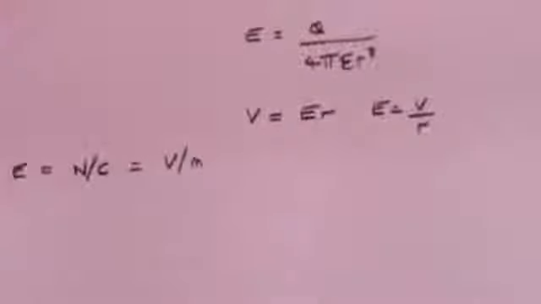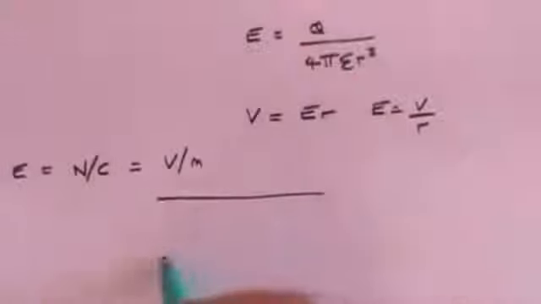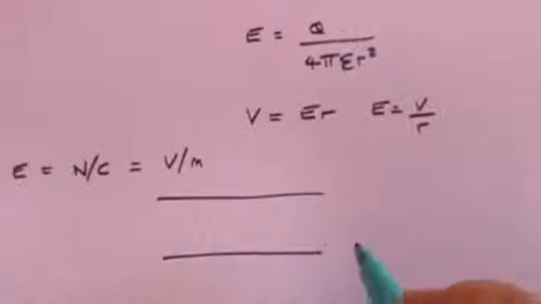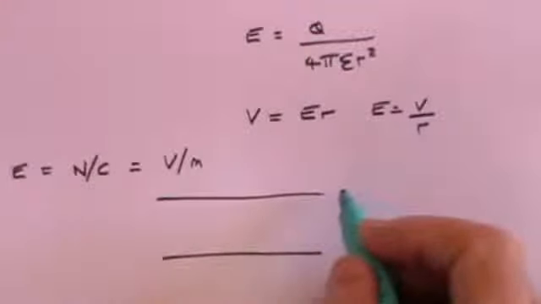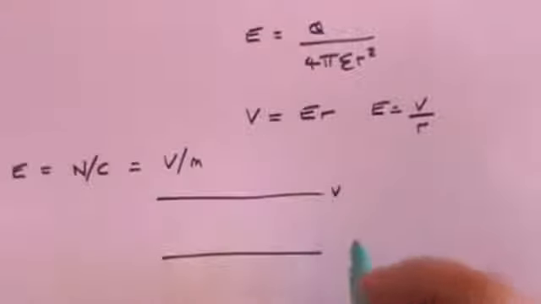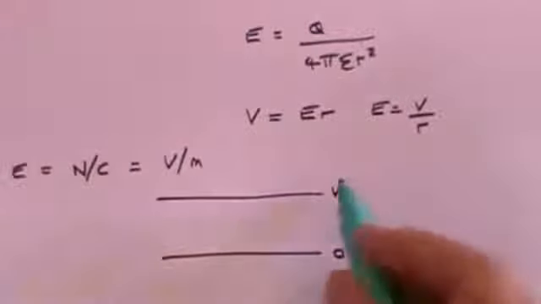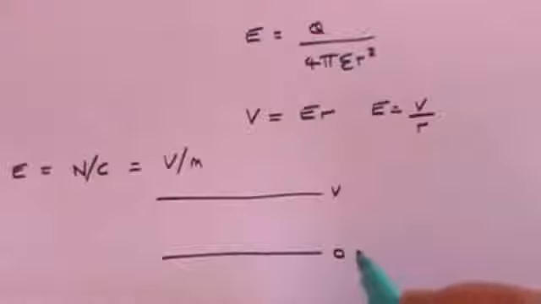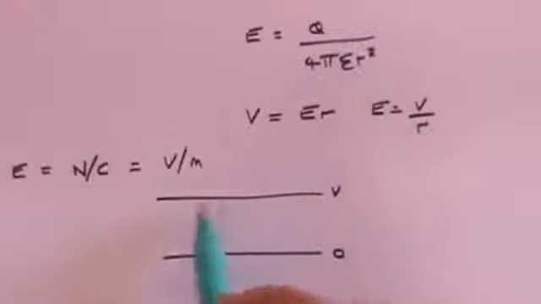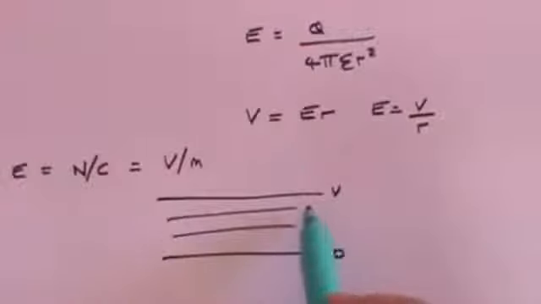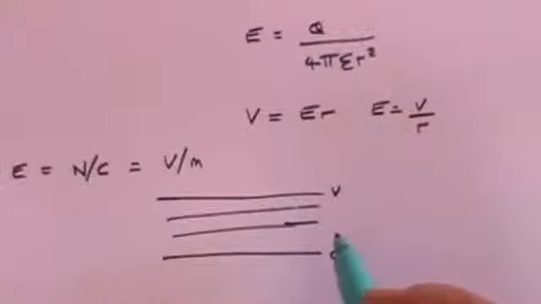So now if we go back to our parallel plates, where you remember the E field between the plates is the same everywhere, then what you can say is that there's a voltage difference, V. Let's say that that voltage is 0 here and we've got a voltage V on this upper plate. The electric field will be the same everywhere, but the voltage will vary according to the distance from this plate.